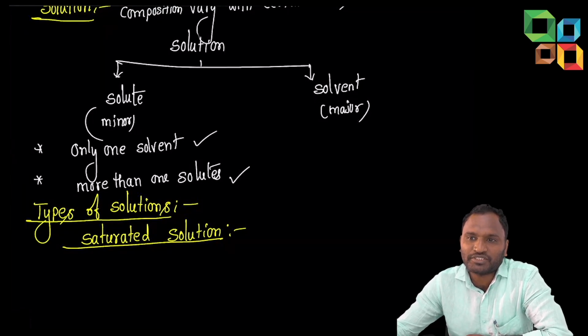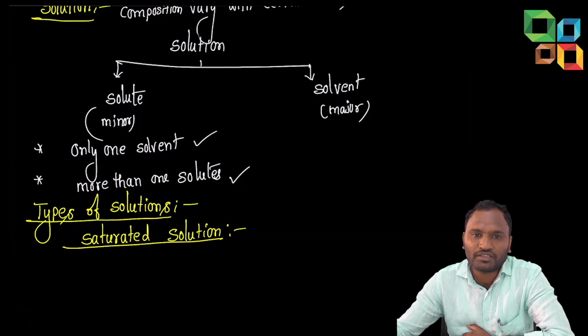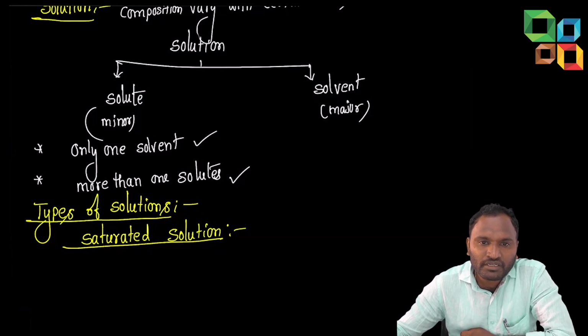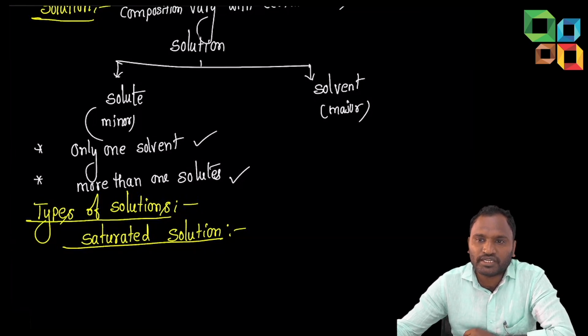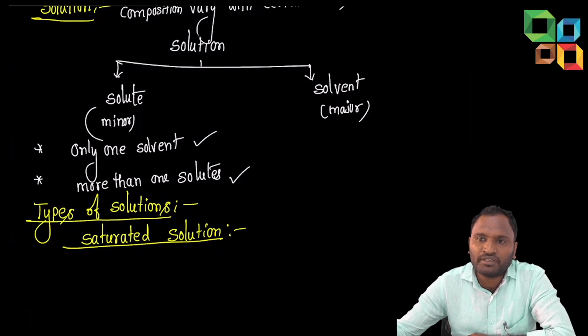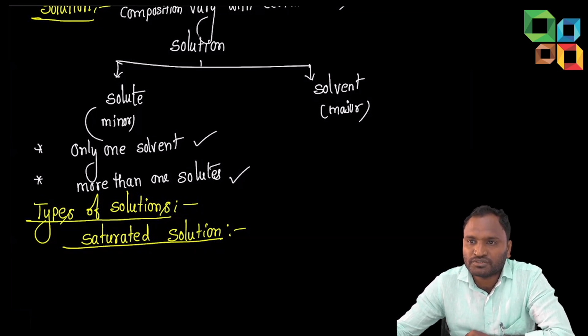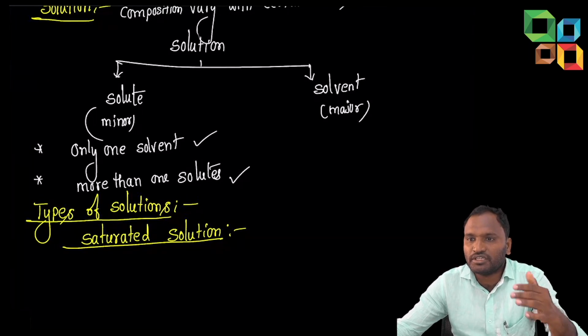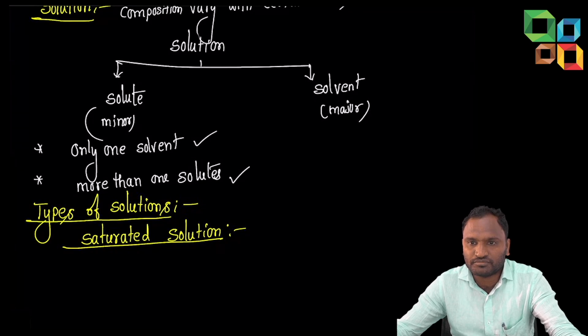Meaning the solvent cannot dissolve any more solute. Dhanush, correct answer, very good. A saturated solution is already saturated with the solute. Afterwards, no more solute can dissolve. If you change the temperature, a little more solute may dissolve.